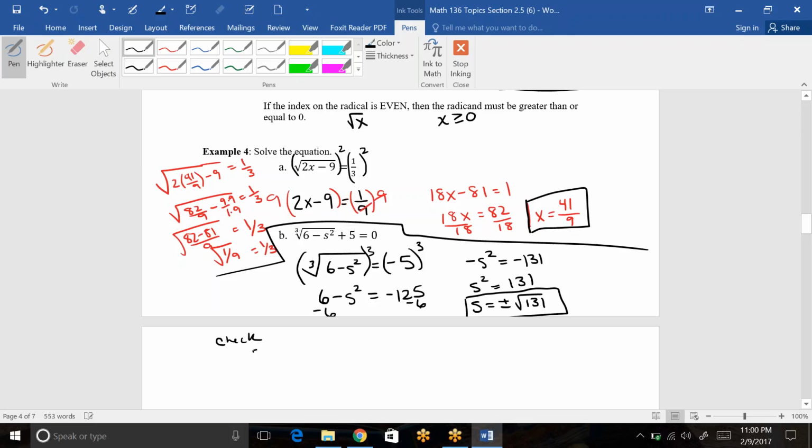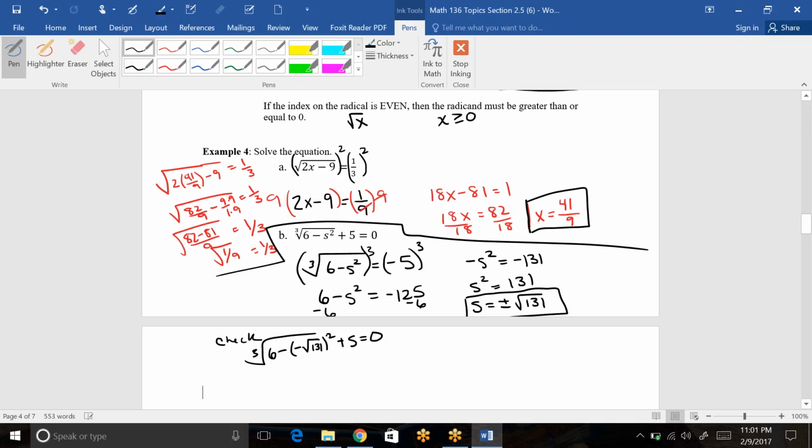So this would be the cubed root of 6 minus the, let's do the negative one first, negative square root of 131, squared, plus 5 equals 0. This right here gets squared, so be careful. The negative 1 out front is going to get squared, which makes it a positive 1.